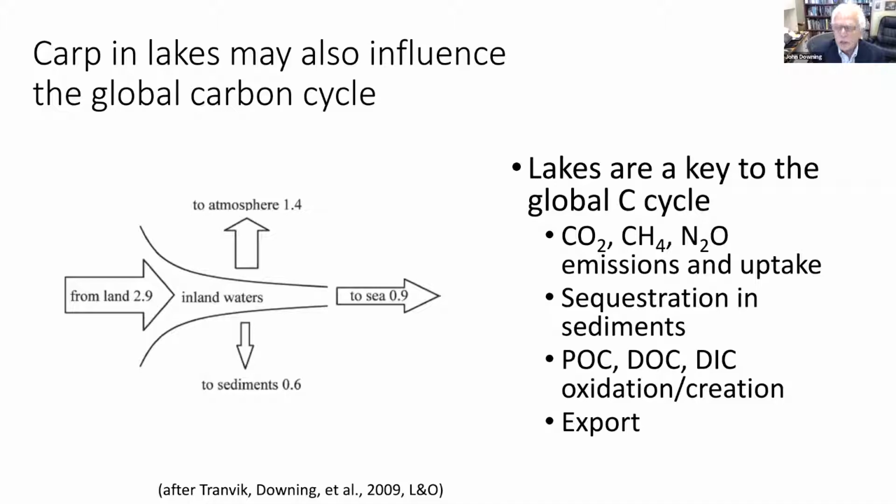They change particulate organic carbon, DOC, DIC, via oxidation and creation. And they also impact the amount of carbon exported downstream. In fact, lakes capture globally something like 2/3 of the carbon transported from land. So pretty important in the global carbon cycle.